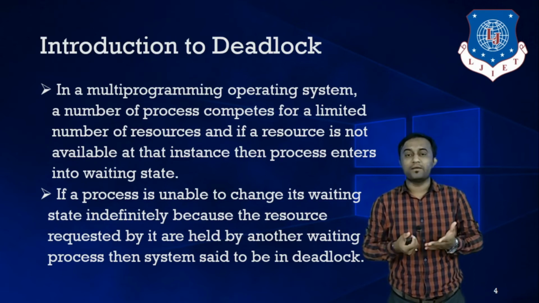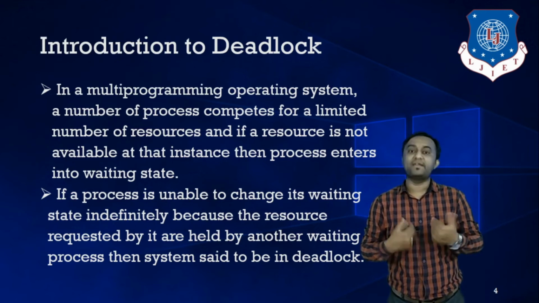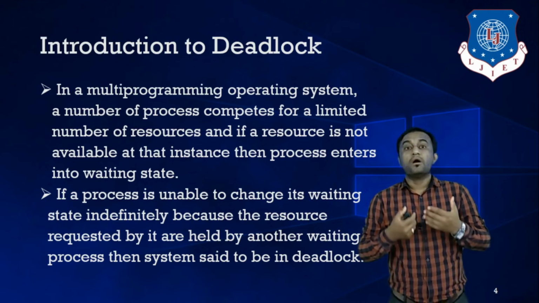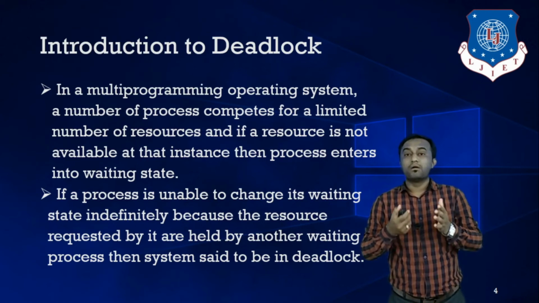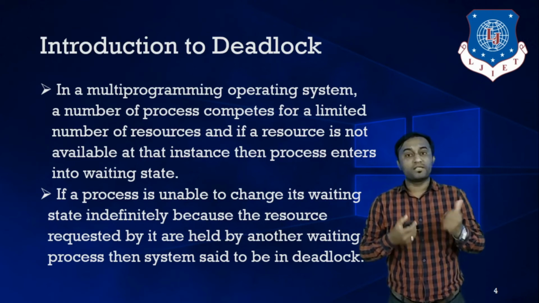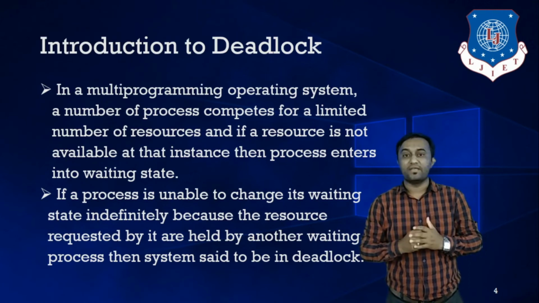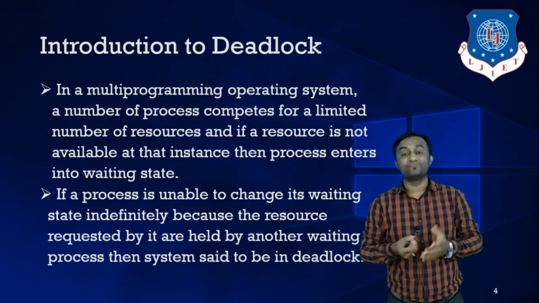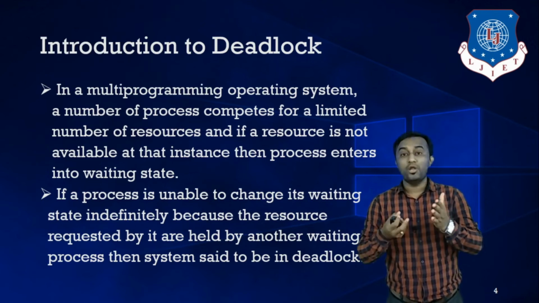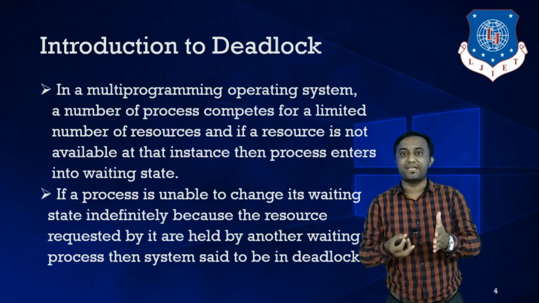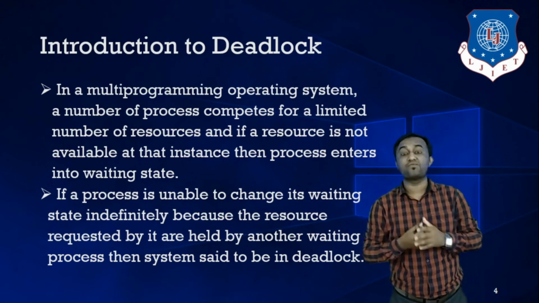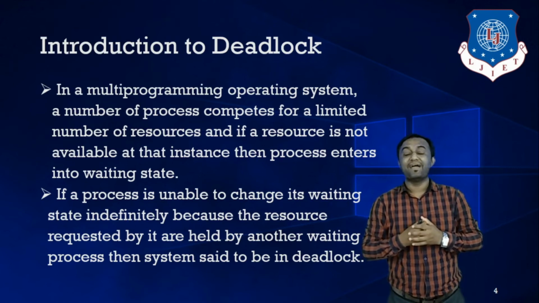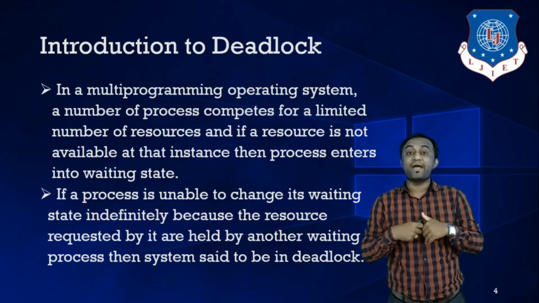But what will happen if this wait is infinite? Because the printer is executing some other process, in that case after some time it will be free and I will have a chance to access that printer. But what will happen if the printer is in a waiting state, looking for some other resource for its own execution, and that resource is acquired by me?